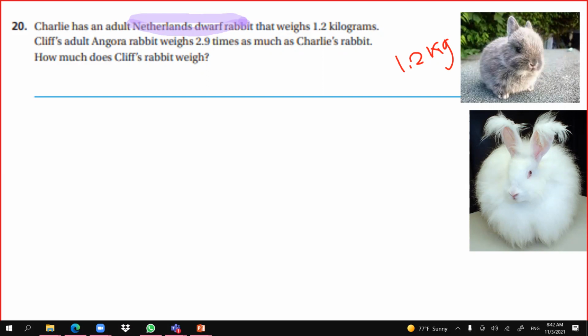Okay, so the weight of the gray one, the dwarf rabbit, is 1.2. The weight of the white one, the Angora rabbit, which is a very fat one, is 2.9 times Charlie's rabbit.